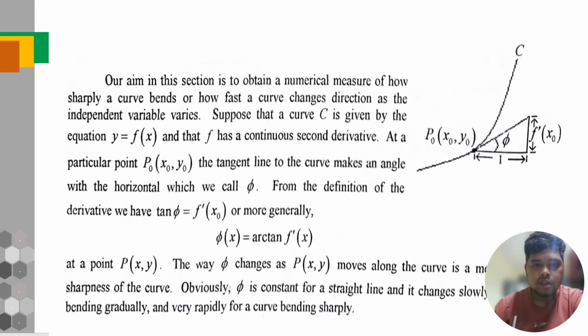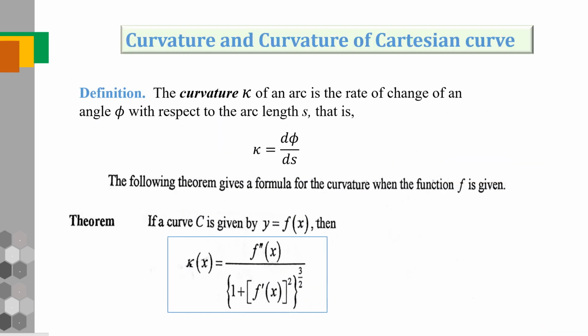Okay? Okay, so ito yung general na definition at formula ng curvature. So yung curvature is denoted by this Greek letter kappa. Okay? And the curvature of an arc is the rate of change of an angle phi with respect to the arc length s, and that is d phi over ds.